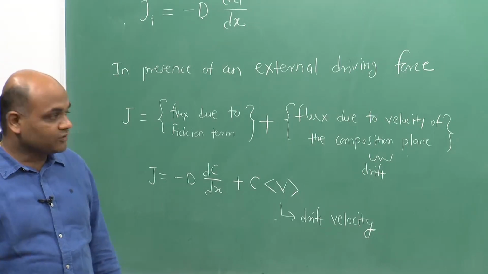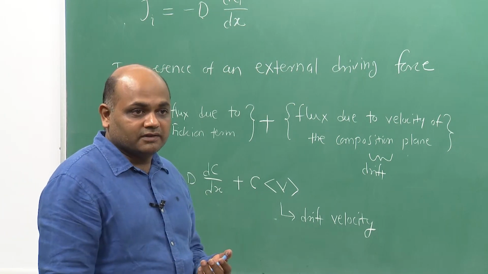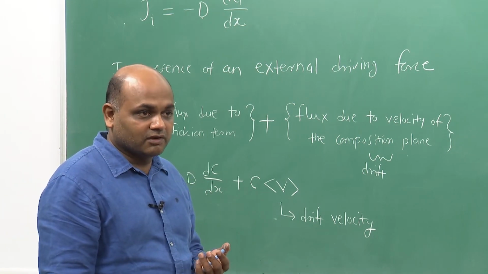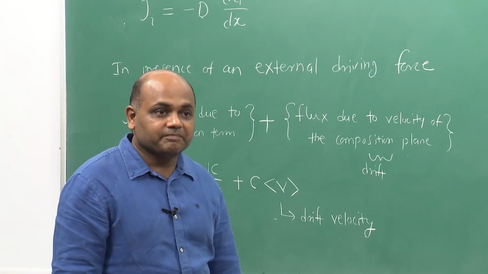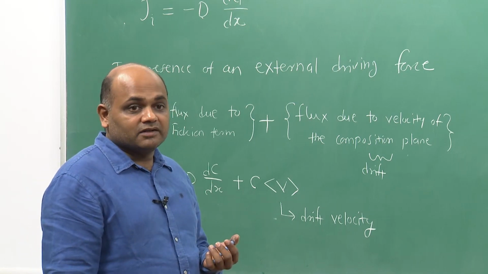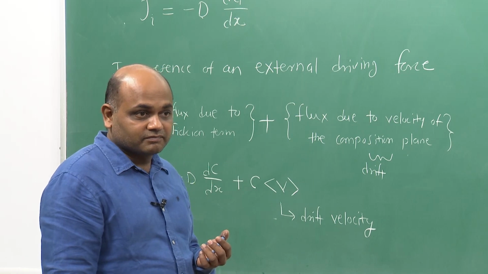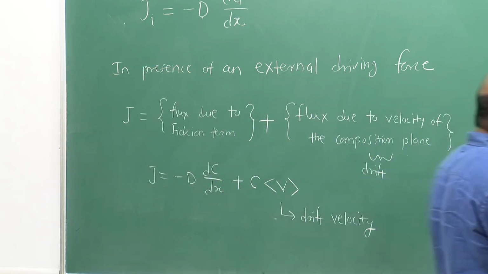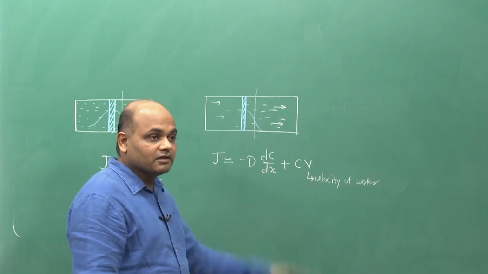The external driving force may be what? If you think of diffusion in solid, it may be an electric field, or a magnetic field, or a temperature gradient, for example. So, even if there is no concentration gradient, in presence of external driving force, you will still get some flux, right.